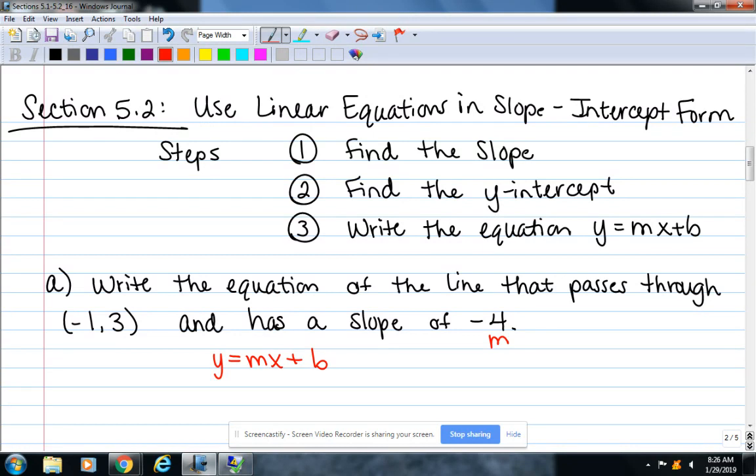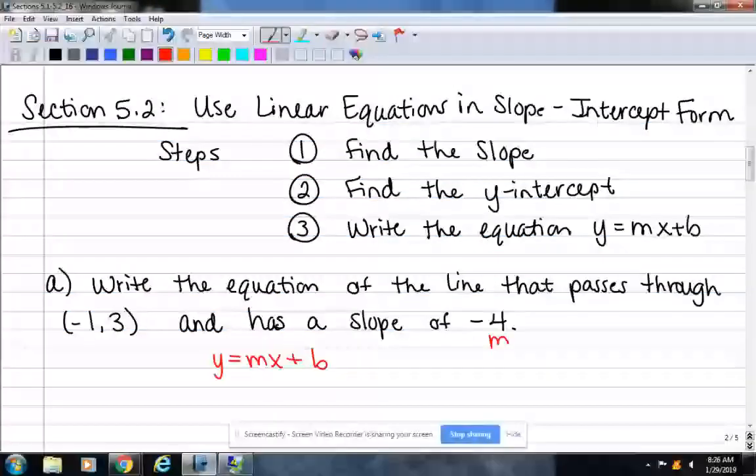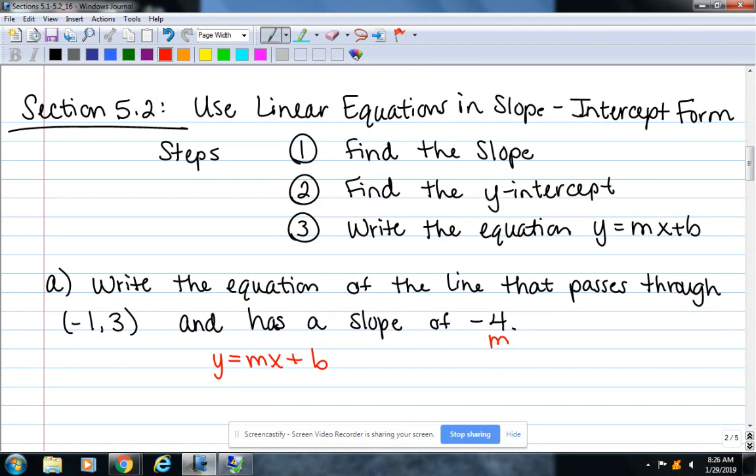Well, it has an M in it. Do I know my M? Yeah, so that's one thing I could plug in. What about Y and X? Do I know a Y and X to plug in? Where do those numbers come from? The point, right?